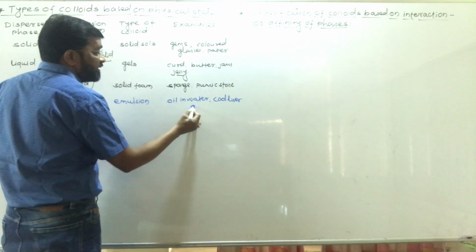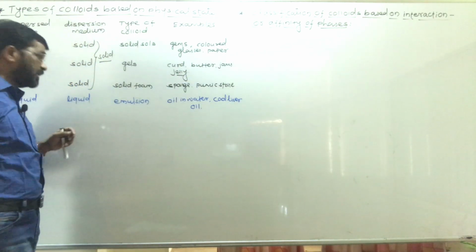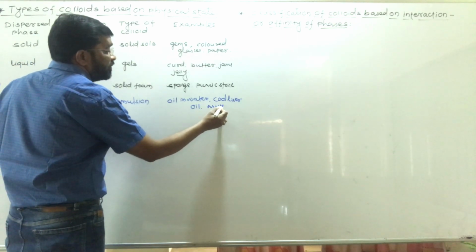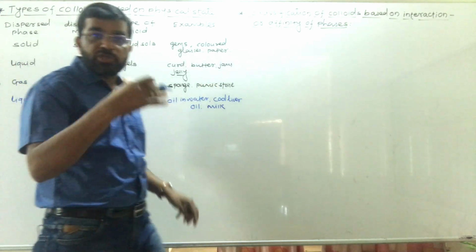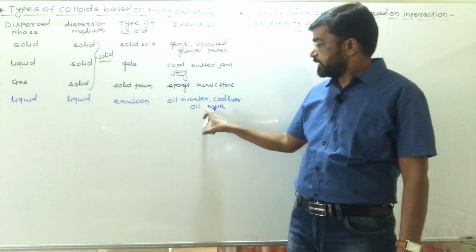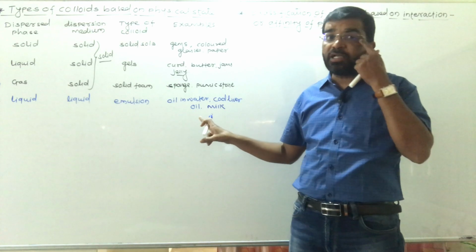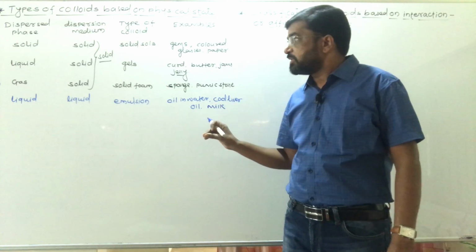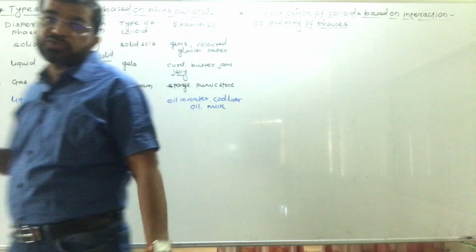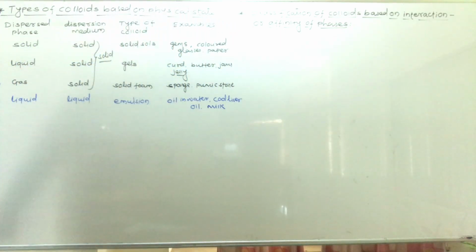All these are examples of this type of solution. Milk is an emulsion in which liquid fats are dispersed in water. That is, the liquid in liquid type of solutions are called emulsions, and these are the examples of emulsions.